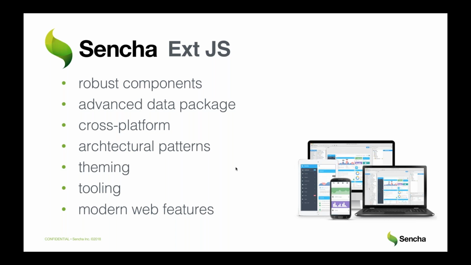Sencha Ext JS also provides architectural patterns that could simplify the source code of your web application, like splitting code between logical parts: view model and view controller. You define how your application should look in your views, what data it should use in the view model, and what logic should be behind user actions, like when a user clicks a button, in the view controller.